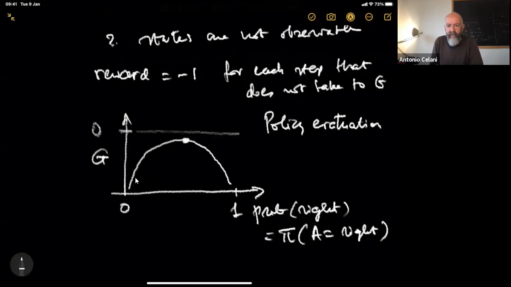This tells you that if you choose policies that are close to being either all to the right or all to the left, you perform very poorly. But if you choose a policy which is almost random, actually the probabilities are not exactly 1/2, but something around 60% to the right, then you get a much better performance. So this is a result of a combination of a non-trivial structure of the problem and the lack of observability.